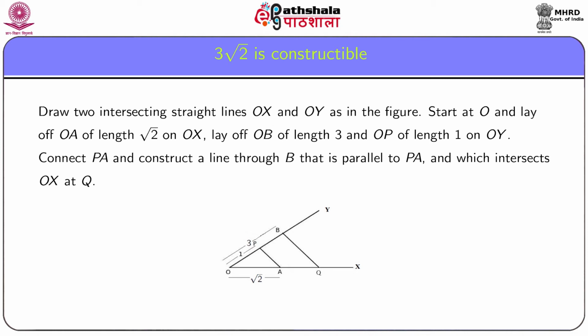Can you mark out the line segment which is of length 3 into root 2? I can give you a clue. You can use the properties of similar angled triangles. Can you find two triangles here which are similar?